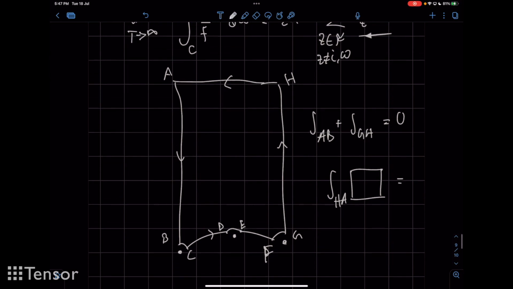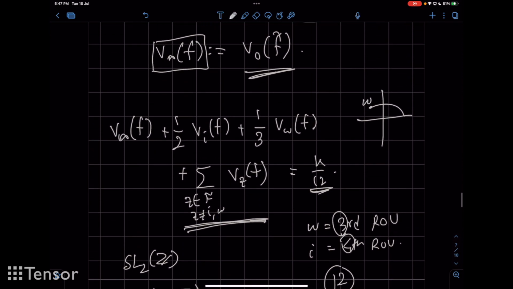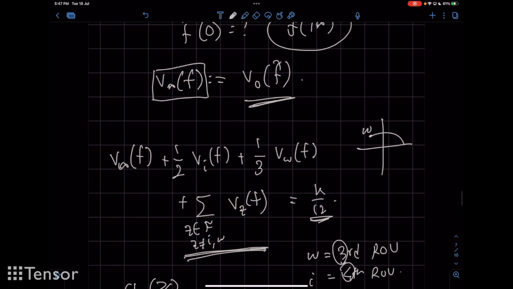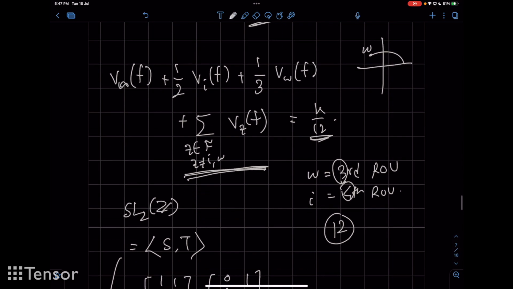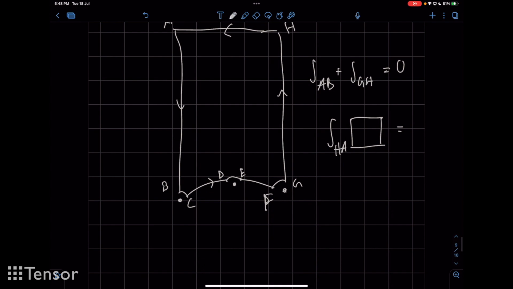Can someone guess what that term might be in our balance formula? Exactly, because this v_i and v_omega are coming from these little semicircles. Okay, so ideally this term should be v infinity. So let's check if that's correct.